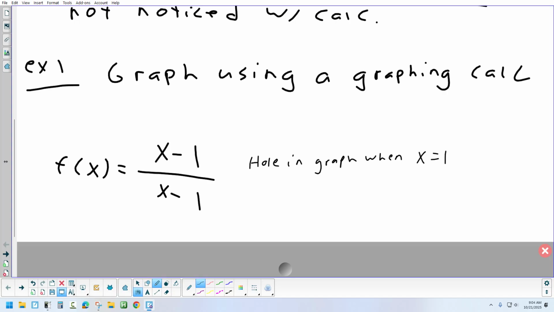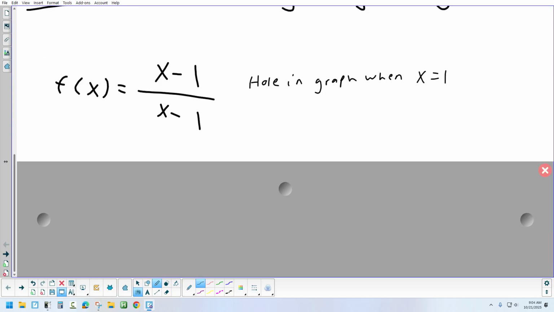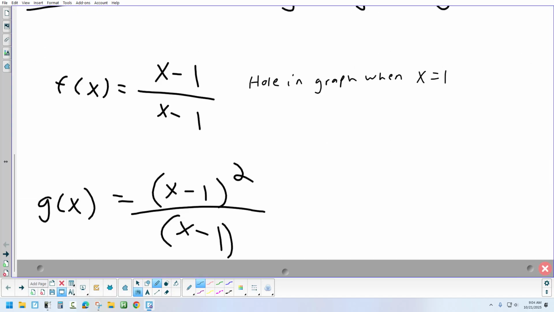All right. Any questions on that one? Okay. How about this one? x minus 1 squared over x minus 1. Is there a value you could plug in for x that would cause you to divide by 0? Yep, what would that value be? 1.